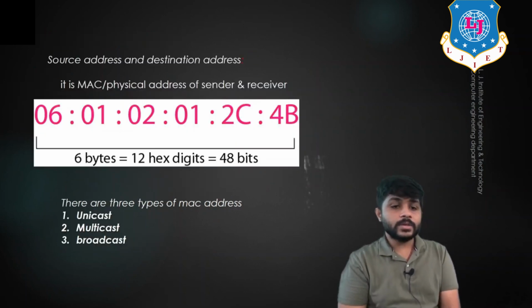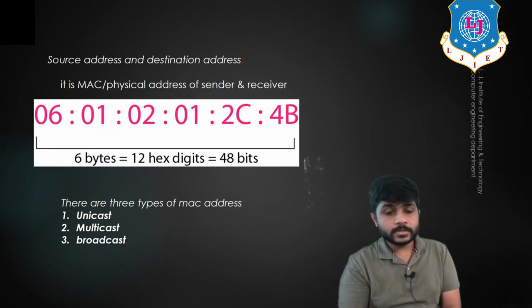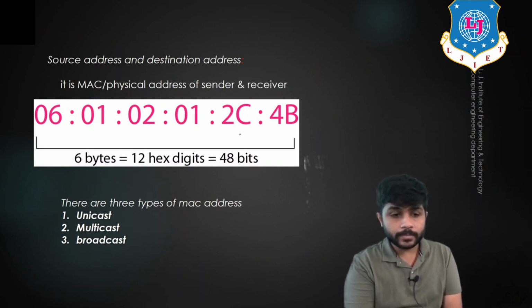Now let's see what the MAC address is. This is an example of the MAC address. The MAC address is a 48-bit address and it is represented in colon hexadecimal. What is the meaning of colon hexadecimal?